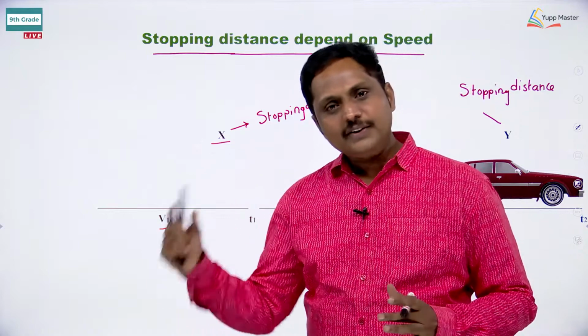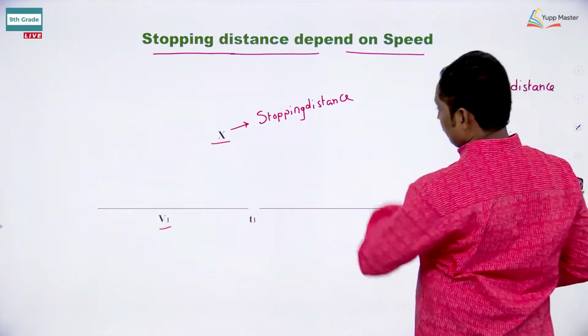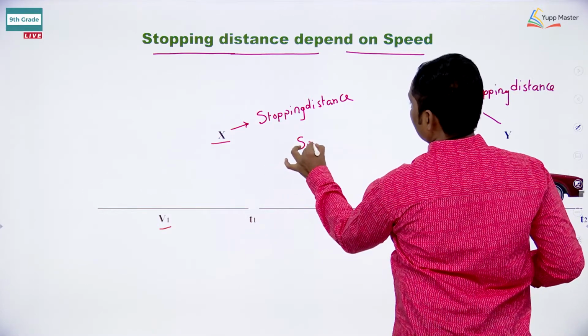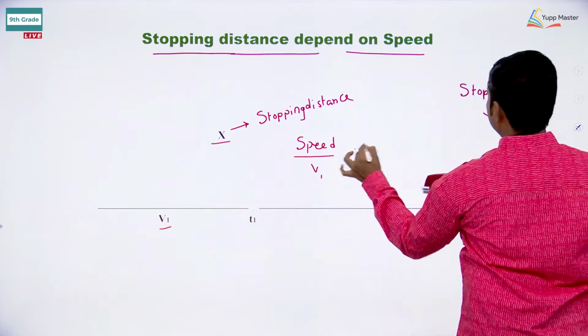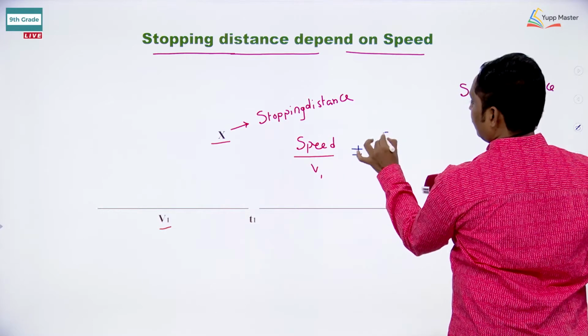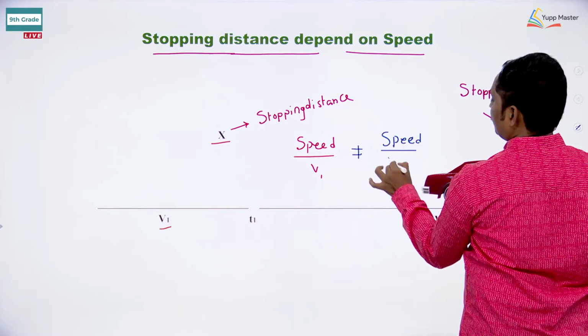In the first case and second case, you have been differentiated with respect to the speed only. Speed v1 is not equal to speed v2.